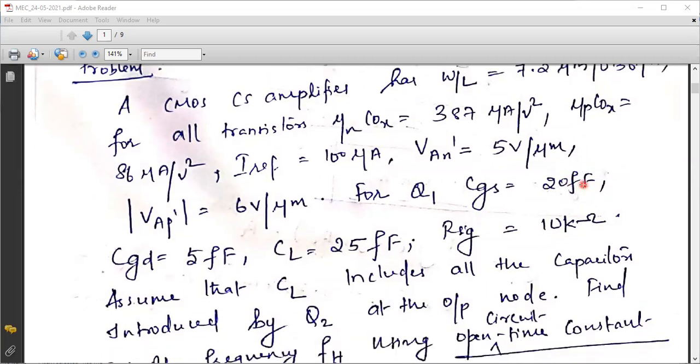Femto means times 10 to the power minus 15. CGS is 20 femtofarad, CGD is 5 femtofarad, CL is equal to 25 femtofarad, and Rsig equal to 10 kilo ohm.